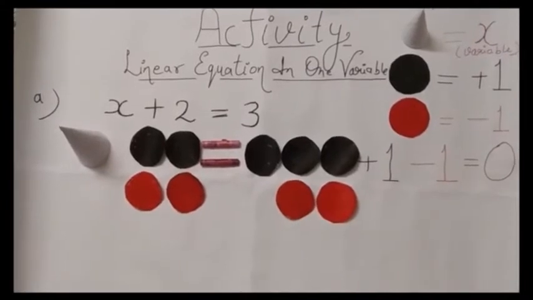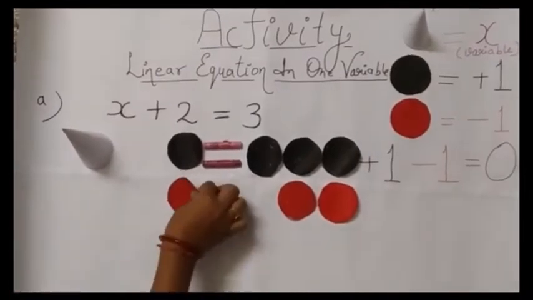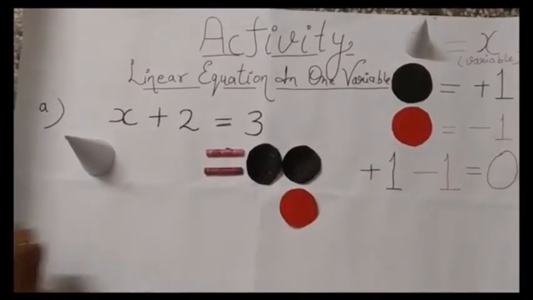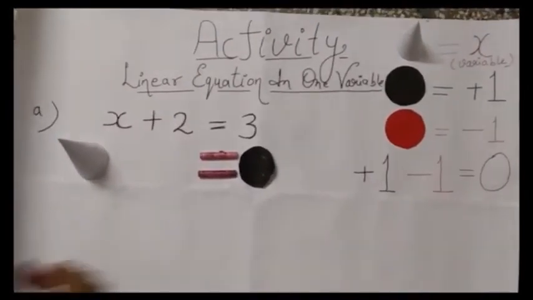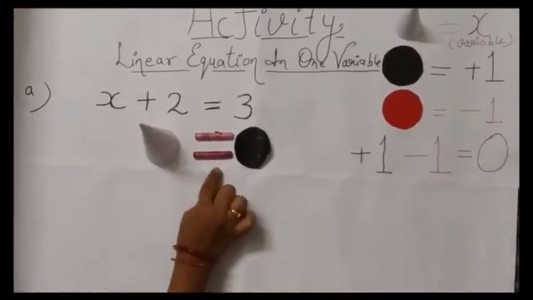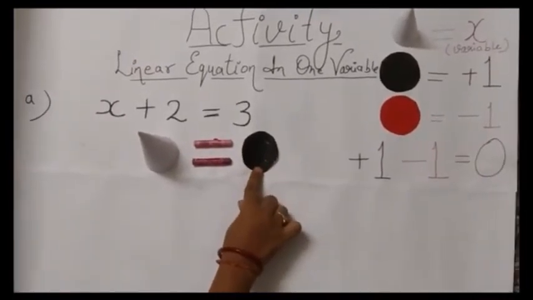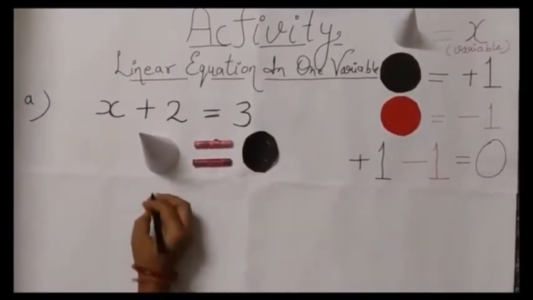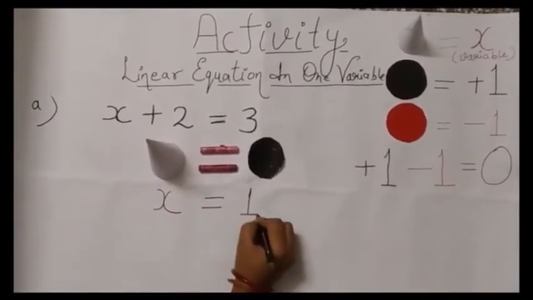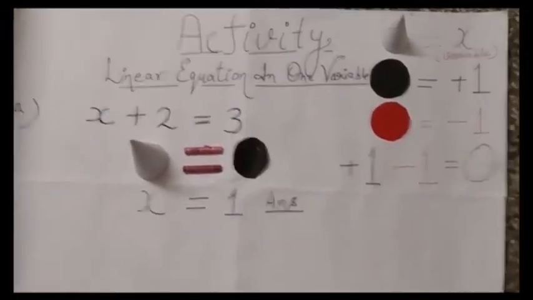Now plus 1 minus 1 is 0, plus 1 minus 1 is 0. So what is left here? This is your variable x, this is the equal to sign, and what does the black circle represent here? Positive 1. So you can write that the value of variable x is equal to positive 1. This will be your answer, right?